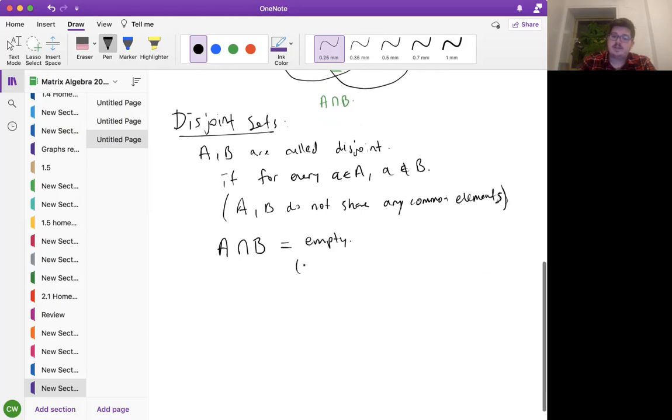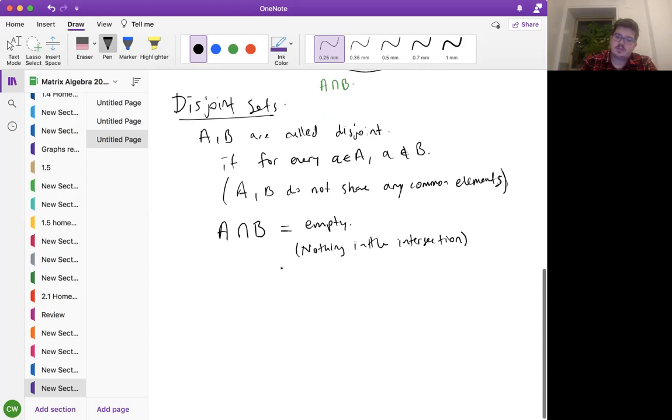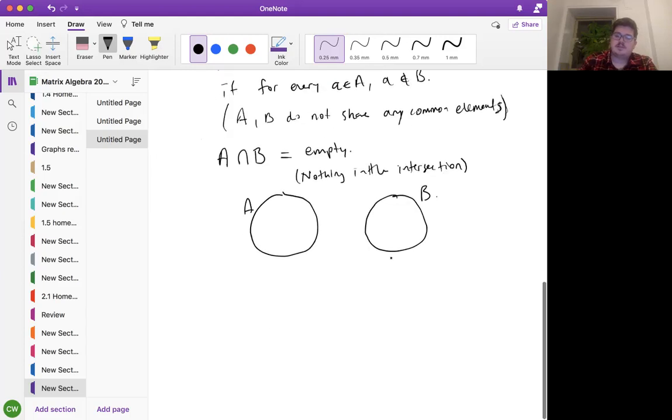Right, there's nothing in the intersection. So for example, here's A, here's B, and there's nothing in the intersection.